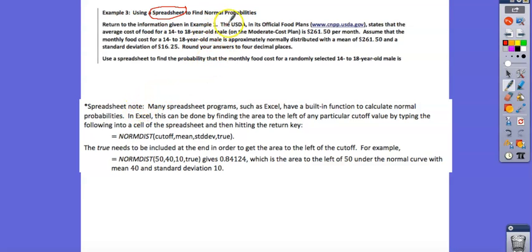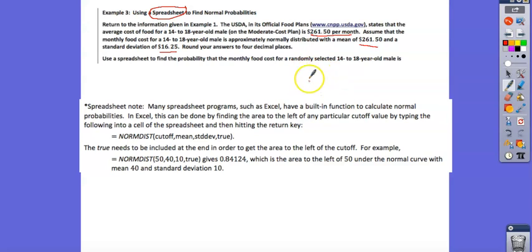They're going to go back to this one where the mean is 261.50, standard deviation 16.25, and they want you to find the probability, I think I got that cut off, oh, it's on the next page.